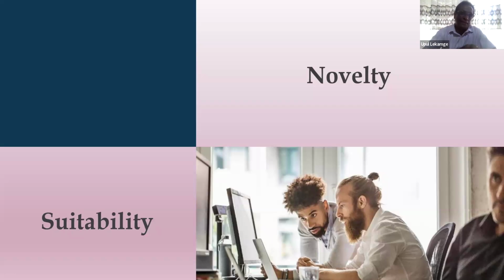But the problem is actually novelty, because so many students, undergraduates, because of their lack of knowledge, when they present their research, always say it is the first research, the first of this kind, the nature of this research is the first one.